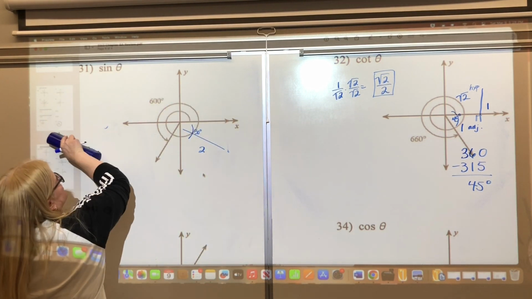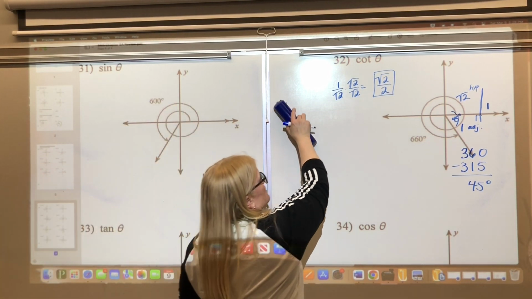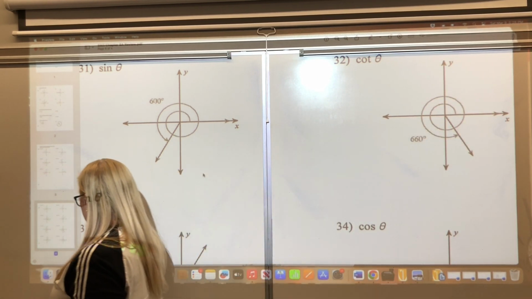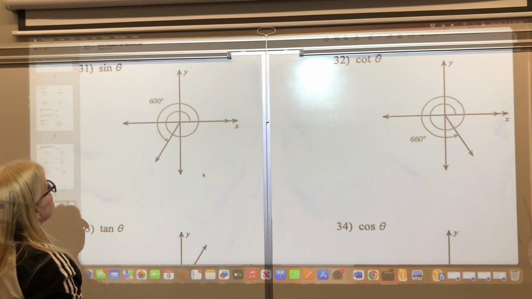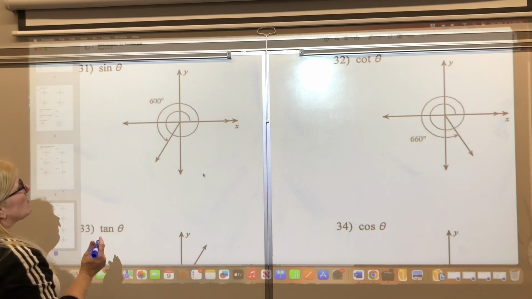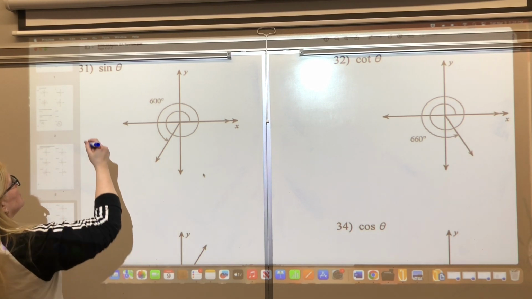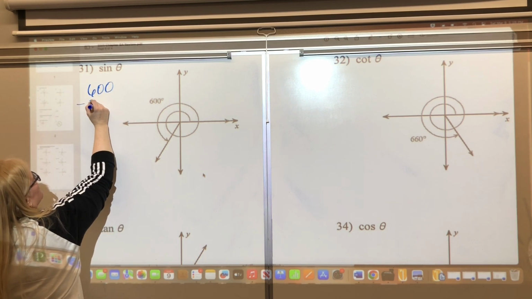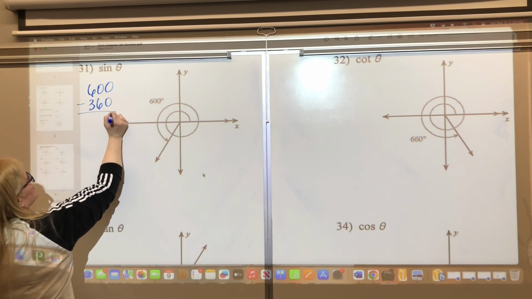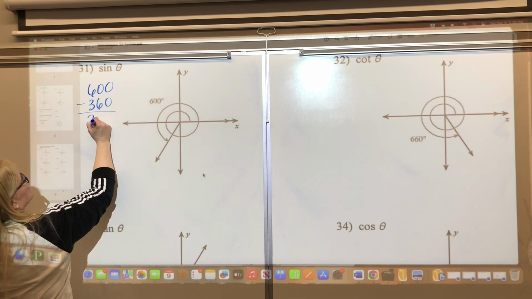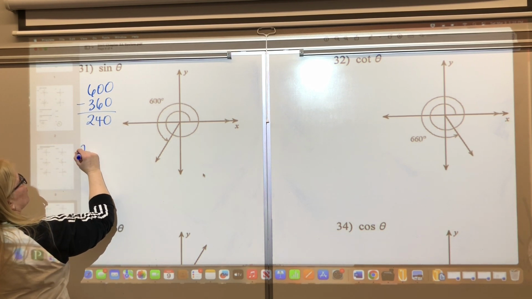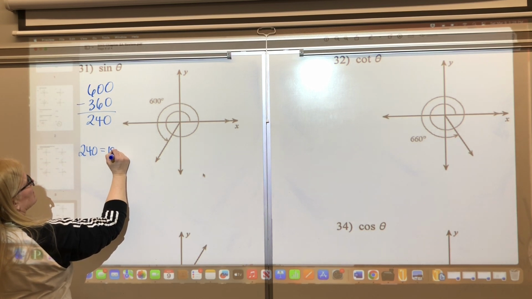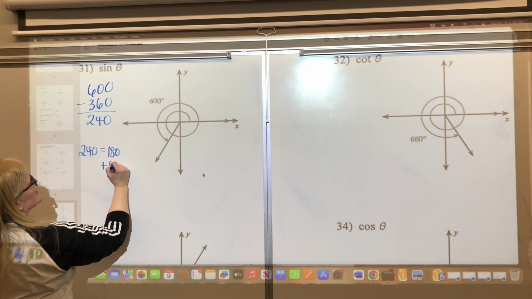Sine of 600 degrees. Again, I'm not really sure exactly. I could trust the picture. It looks like 60 degrees, but I'm not sure. So I'm going to subtract. That's 240, and 240 is 180 plus 60.